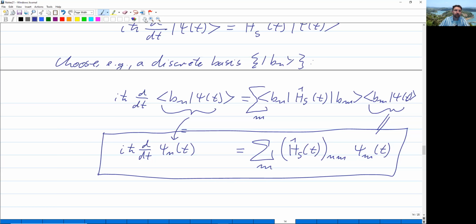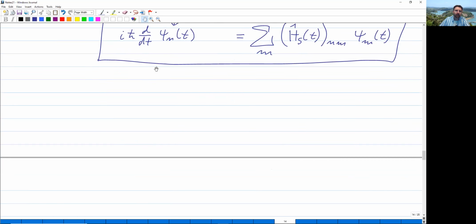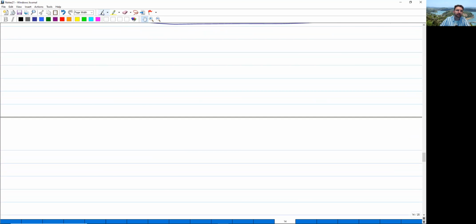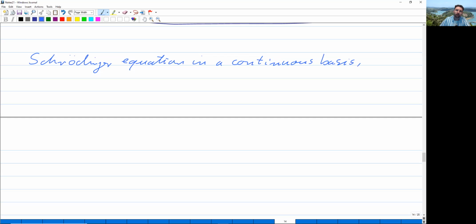Now, how does the Schrödinger equation look in a continuous basis, such as the basis of the position eigenvectors?